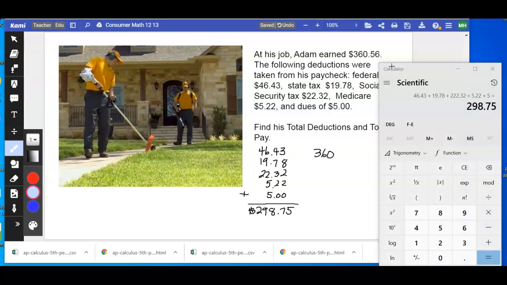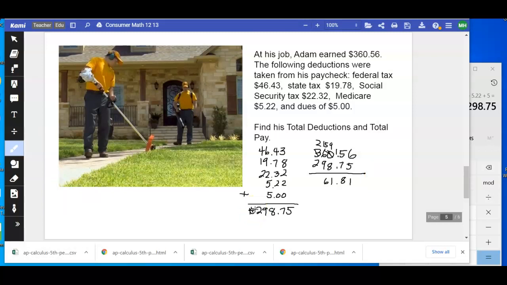So his gross pay was $360.56, and after subtracting out his total deductions, I could have done this on the calculator as well. $61.81 is his take-home pay. Okay, that was not very fun.